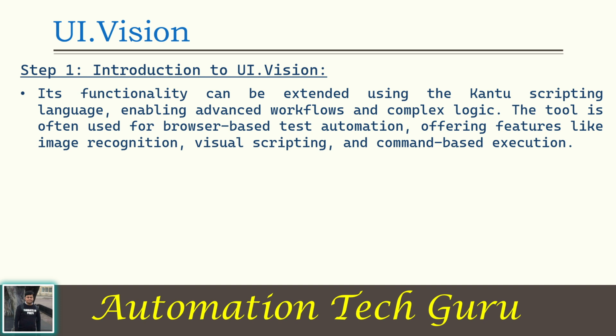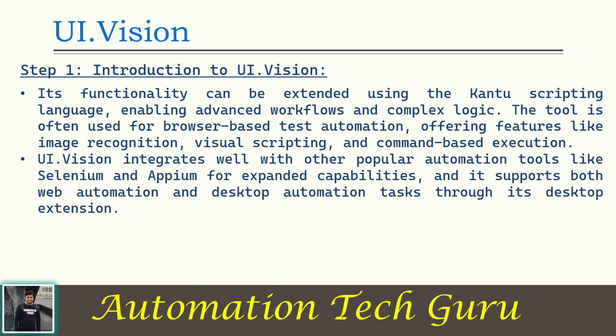The tool is often used for browser-based test automation, offering features like image recognition, visual scripting, and command-based execution. It integrates well with other popular automation tools, Selenium and Appium, to expand capabilities, and it supports both web automation and desktop automation tasks through its desktop extension.